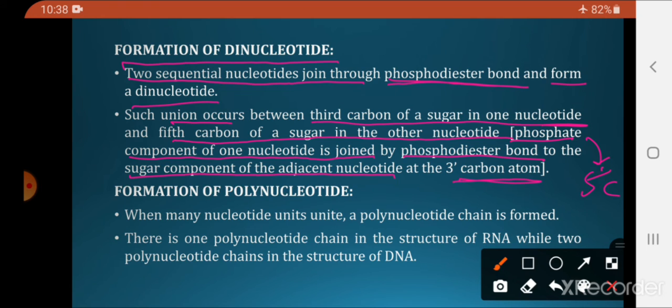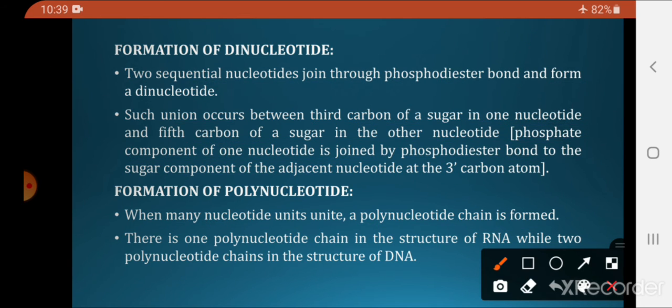A polynucleotide. So when many nucleotides unite, a polynucleotide chain is formed. Say for example, the third carbon of the first nucleotide will bind with the fifth of the other. Then the third of this other one is left, with whom will it join? The fifth of the next. So in this way when many nucleotides join, it forms a polynucleotide. There is one polynucleotide chain in the structure of RNA whereas there are two polynucleotide chains in the structure of DNA.